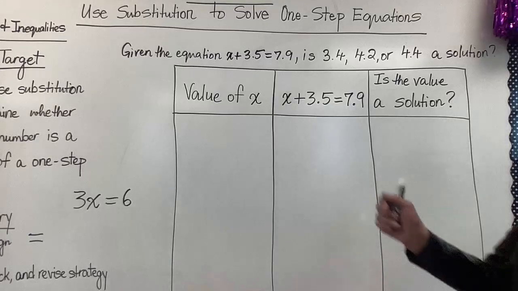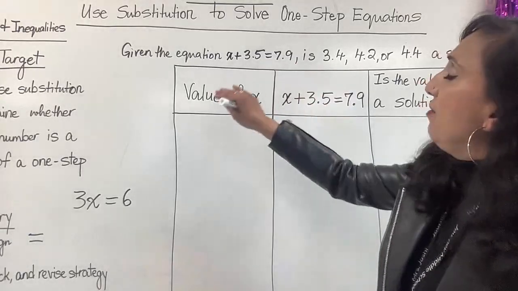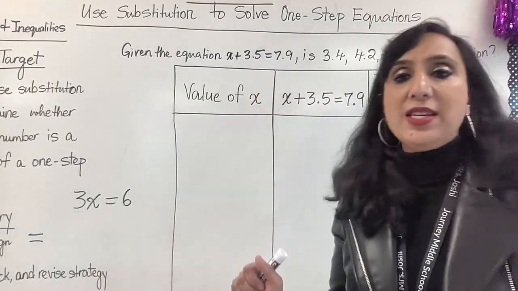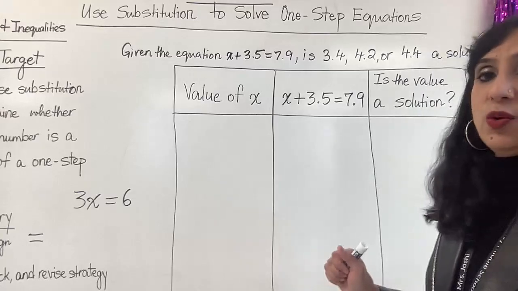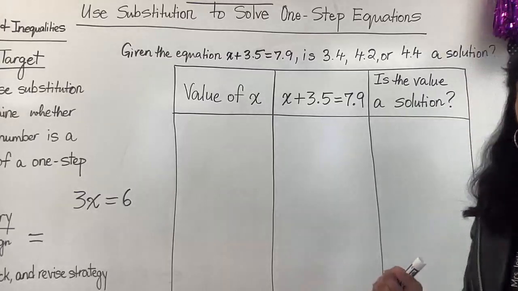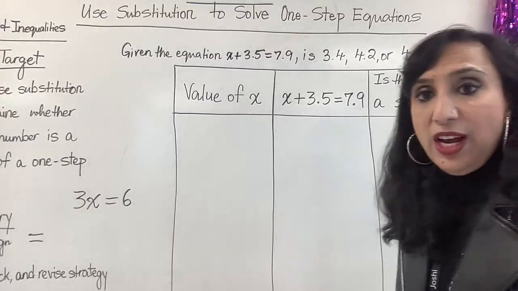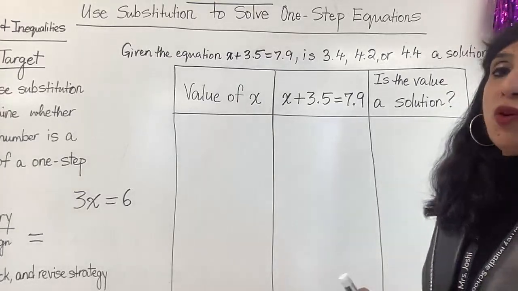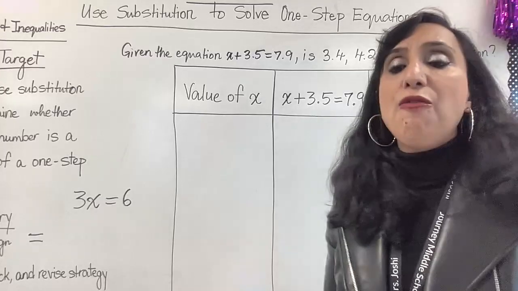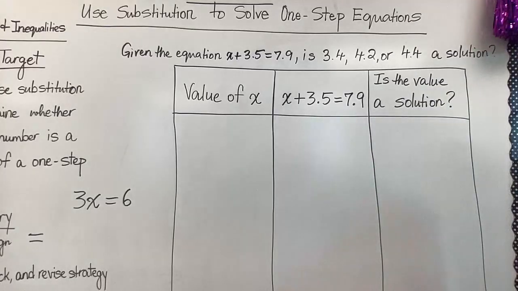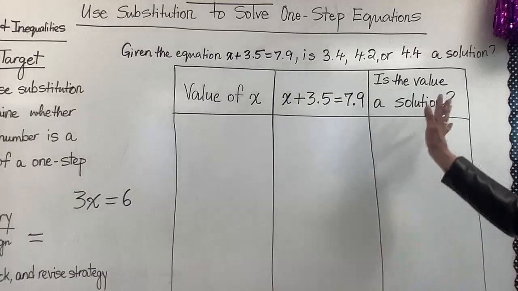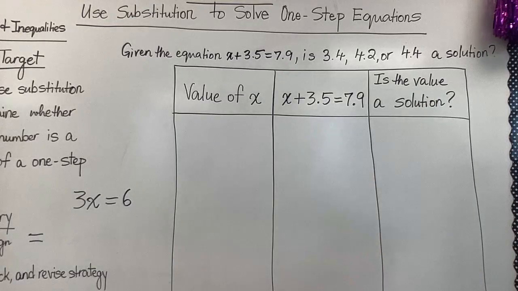For example, if I have been given the equation x plus 3 and 5/10 is equal to 7 and 9/10, we're going to see is 3 and 4/10 or 4 and 2/10 or 4 and 4/10 a solution. So best thing to do is to make a table, and then we are going to find the solution by using substitution.